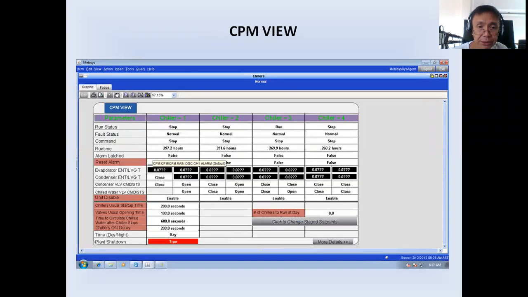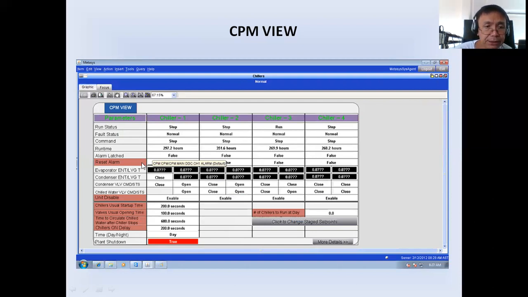Now here, this is the CPM view. When you are in this display, you will be able to see which chiller is running. Is there a fault in the chiller? If the chiller is being commanded, as you can see here, run. The chiller is running. Fault status all normal. Command: there is no command, but the chiller is running, meaning the chiller is running in manual.